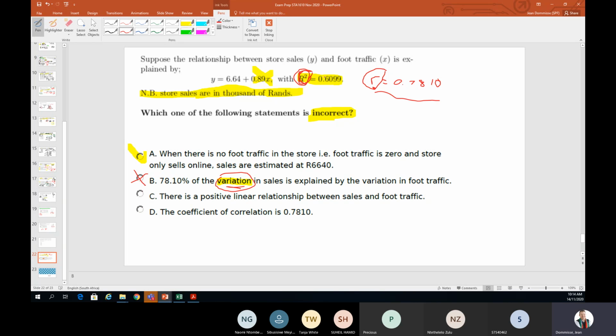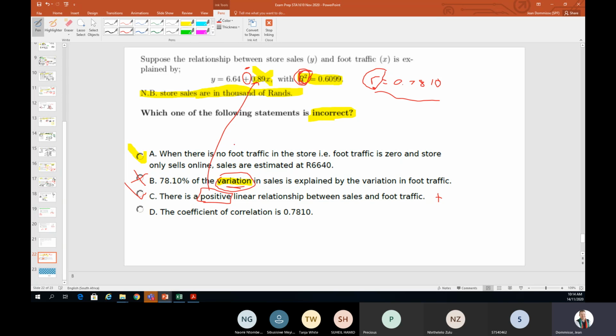Now look at that. There is a positive linear relationship. How we identify positive is to look at the slope of x. If the slope is positive, then your relationship will be positive. If it was minus, then your relationship will be negative. So that is the link between the two.